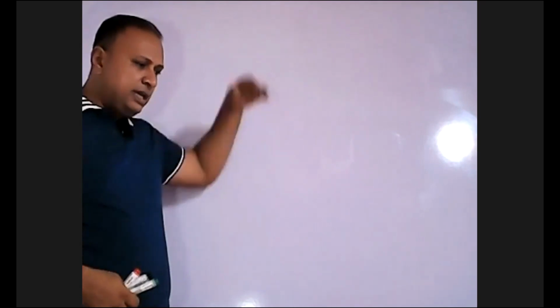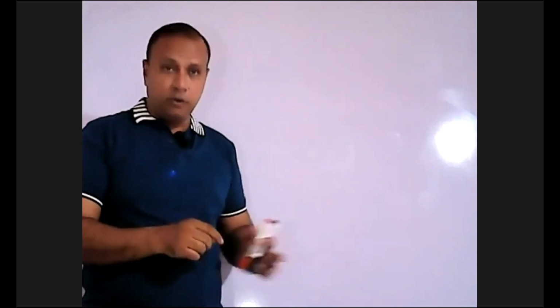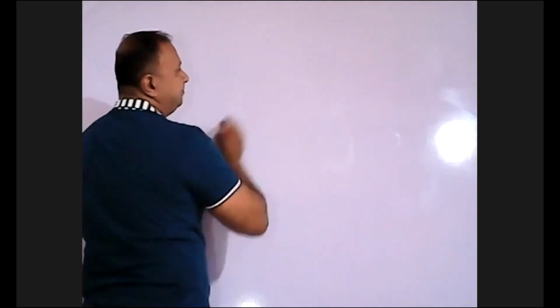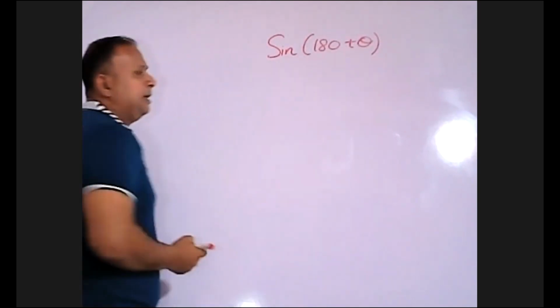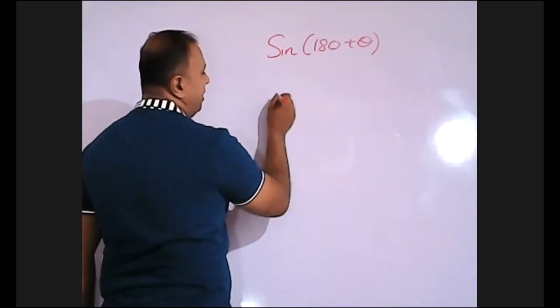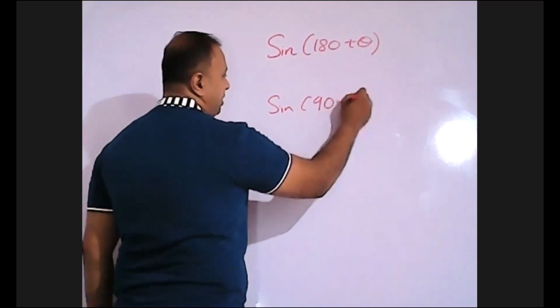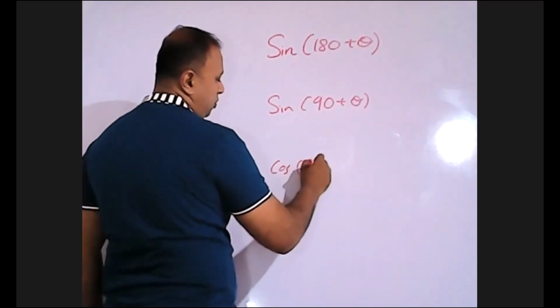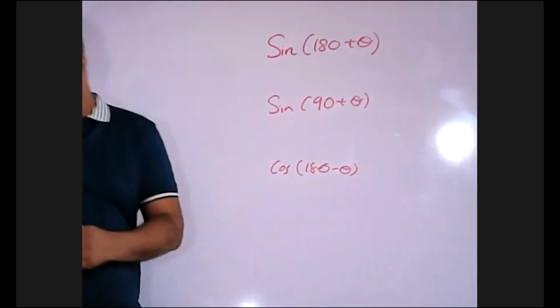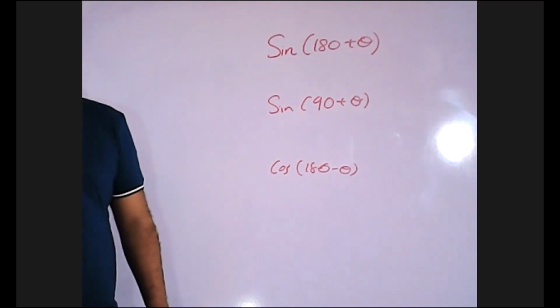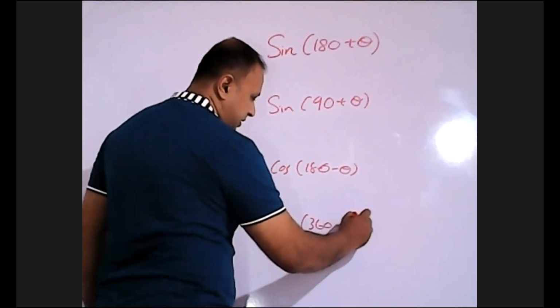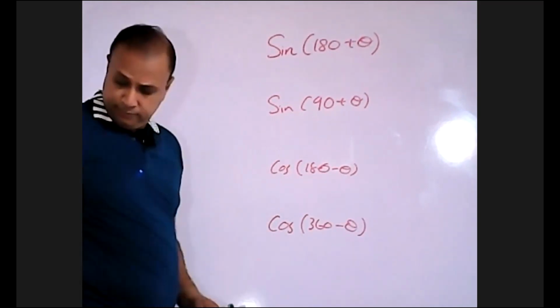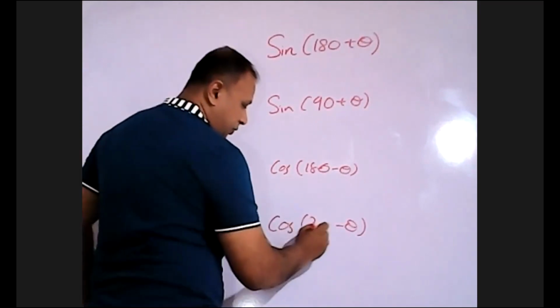From that, we have derived some equations, and I told you how to remember them. Suppose we have sine of 90 plus theta, then cos of 180 minus theta, cos of 360 minus theta, sorry, 270 minus theta.